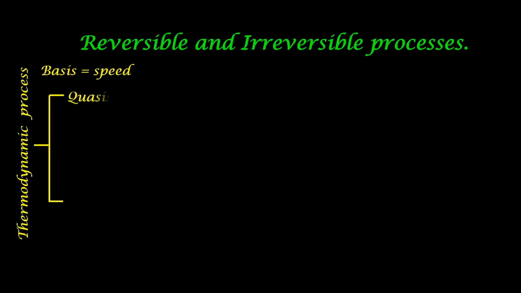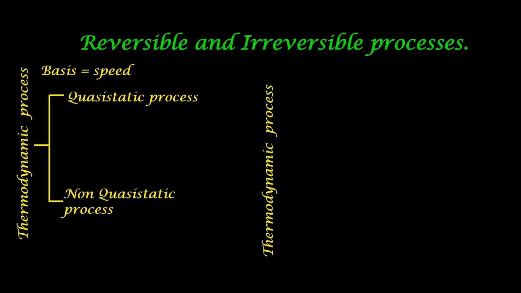We will discuss reversible and irreversible processes. But before we start this topic, we will just recall what we have already learned. In a previous video, we have already classified thermodynamic processes on the basis of speed. Slow processes are called quasi-static processes and fast processes are called non-quasi-static processes.